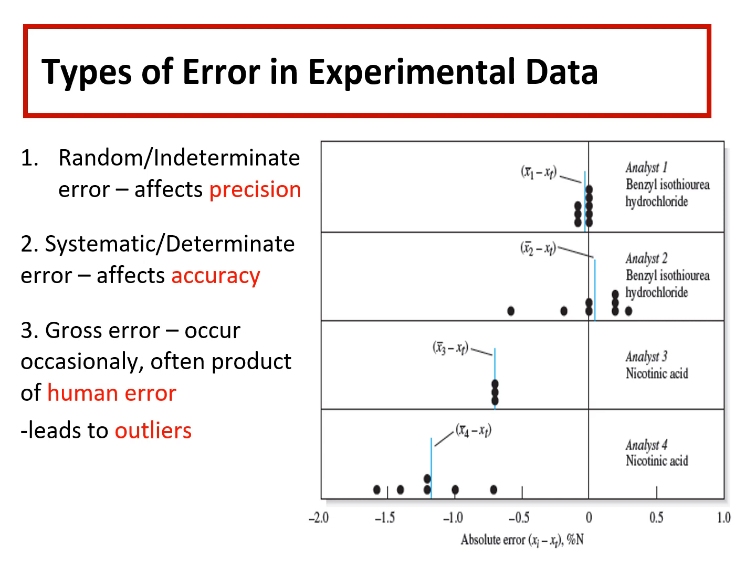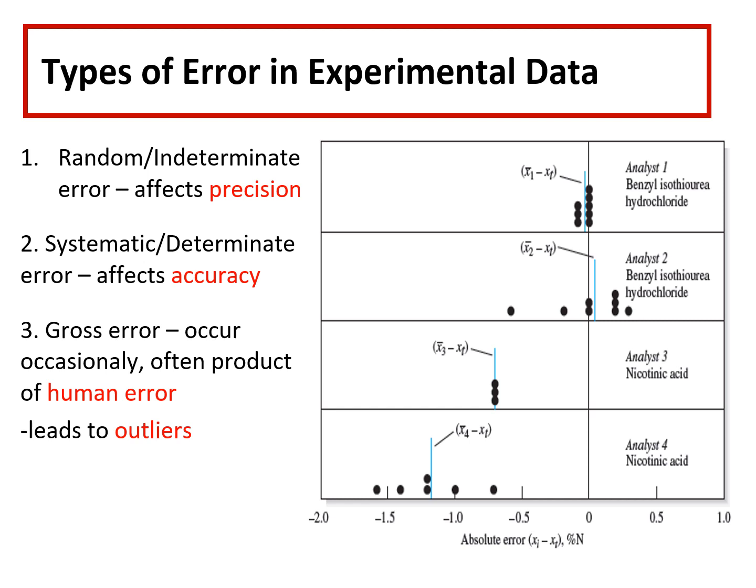In the results of analyst 4, we can say that both the precision and the accuracy are actually poor. So looking at the results of these 4 analysts, we can say that chemical analyses are actually affected by at least 2 types of errors.